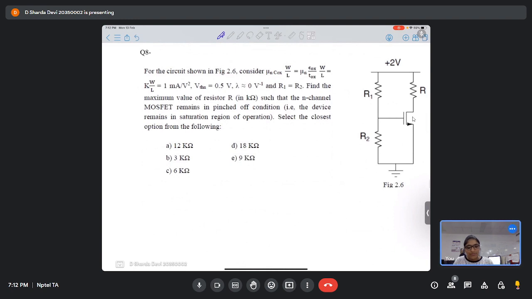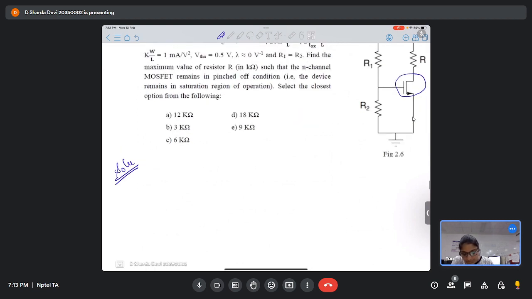So what has changed here in this problem? There is a MOSFET. Earlier we had BJTs, now we are starting to solve MOSFET based questions. So first things first, we need to know what is the current equation for the MOSFET.